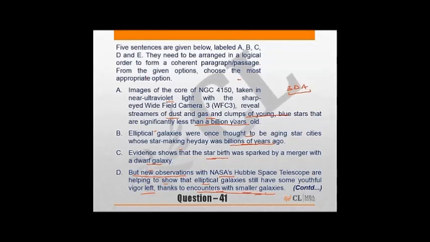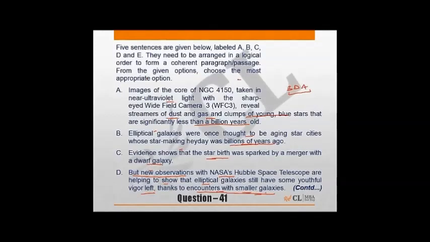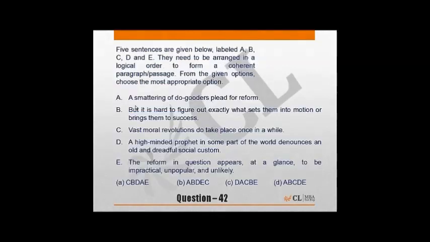BDA. Then next comes C and E. So CE, evidence shows, yeah. So BDACE. Initially I eliminated choices A and D because the combination BD should have been there, which was missing in these two. In the second stage, I felt that BDA is a better combination as compared to BDE, and hence I went with choice C.